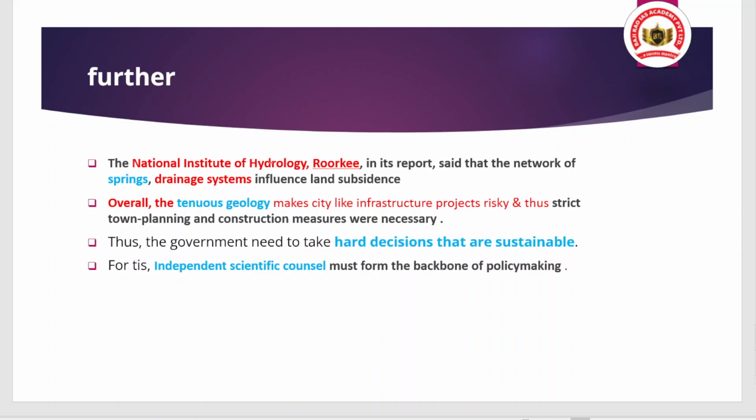And overall, the tenuous geology, the rock structure and rock constituents of the Uttarakhand or Himalayan region, is very weak. Okay, and they are unconsolidated, and because of that they are more prone to disaster. Despite all these, we are making huge infrastructure projects, and if we promote them in an unsustainable manner, they pose a risk.